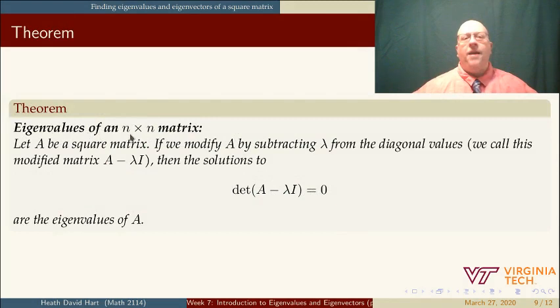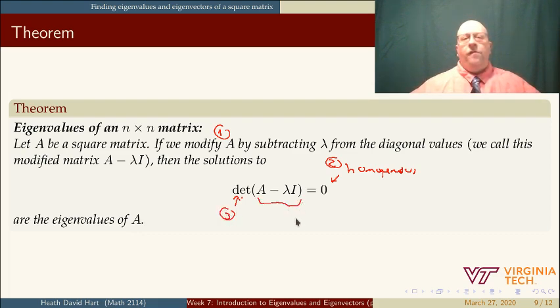So to find the eigenvalues for a square matrix, we modify the matrix by subtracting lambda from the diagonal values, then make the system homogeneous, and then take the determinant and make the determinant also equal to 0.